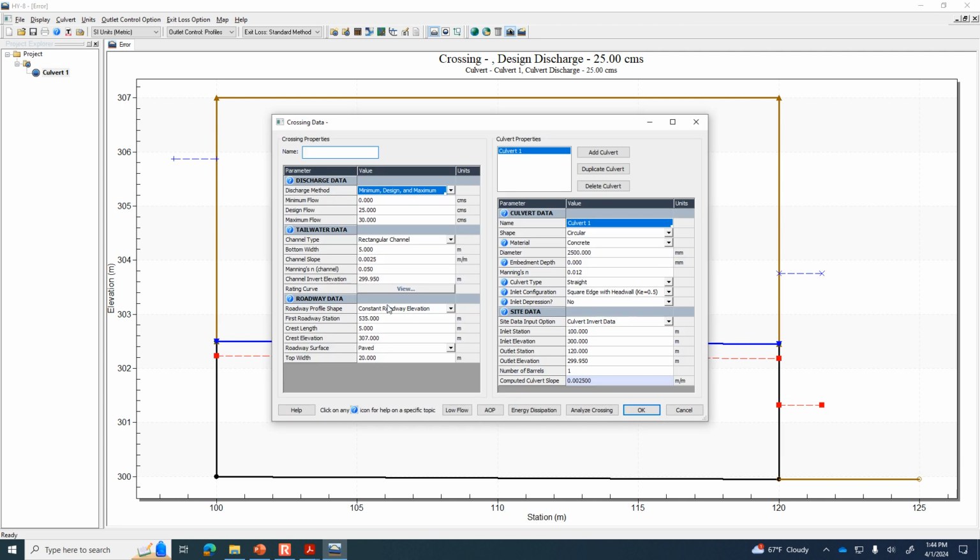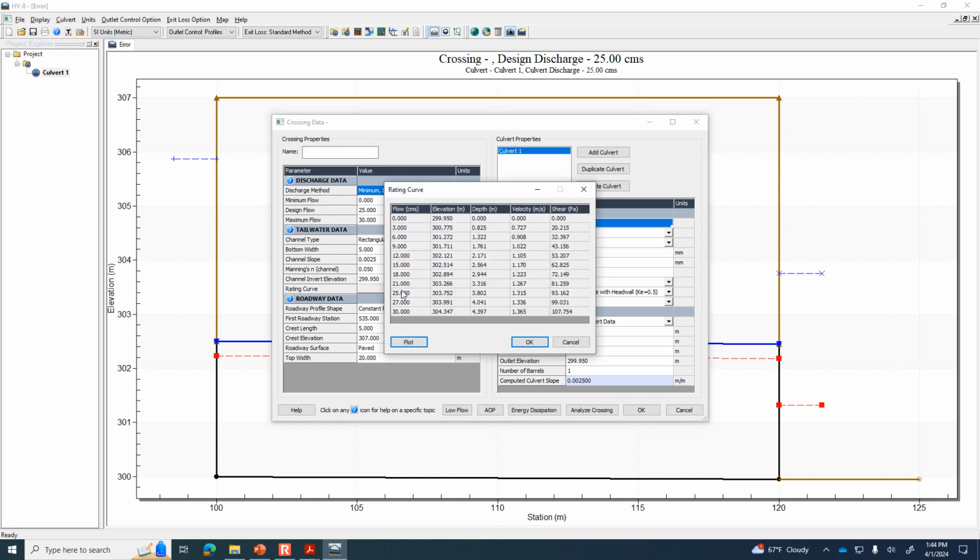And sometimes, in our case, it seems like the tailwater rating curve, when we get 25 cubic meters per second, then the water depth is at 3.8. So actually both the inlet and the outlet are submerged, because we settled on the culvert size being 2.5 meters in diameter.